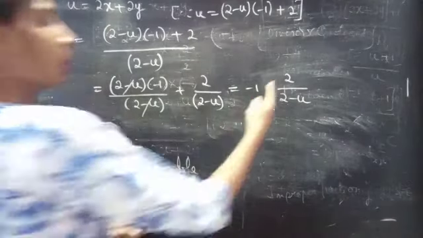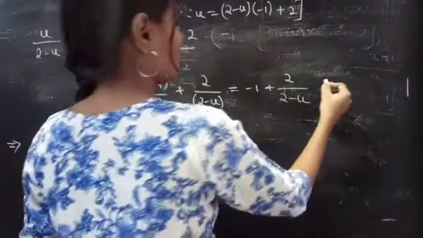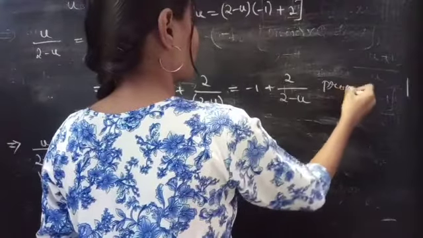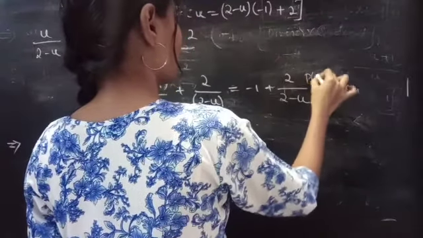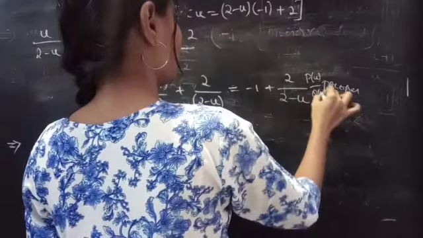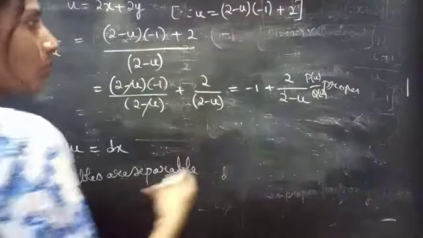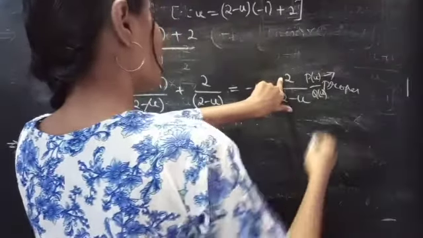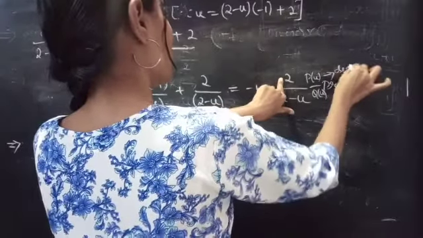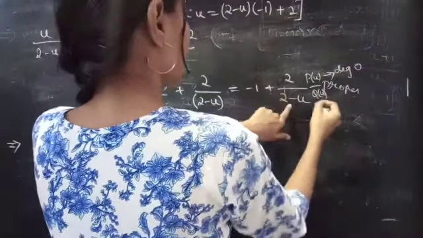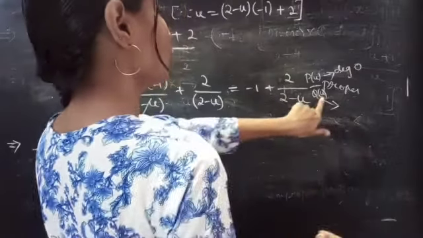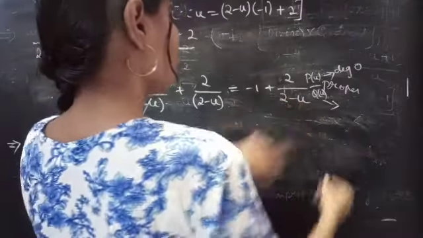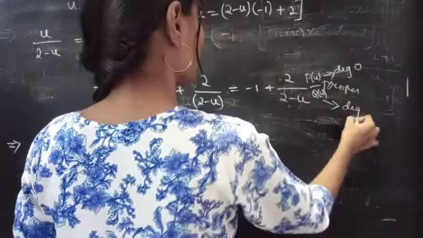Here 2 by 2 minus u is a proper fraction. If you represent the fraction by p of u by q of u, the degree of p of u is, since 2 is a constant polynomial, 0. And the degree of q of u, since q of u is a linear polynomial, is 1.